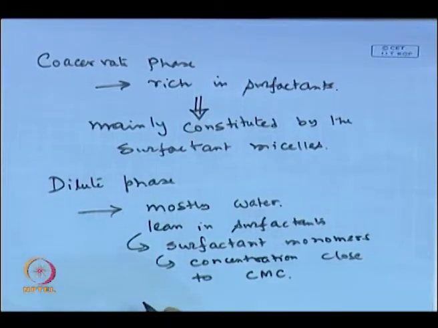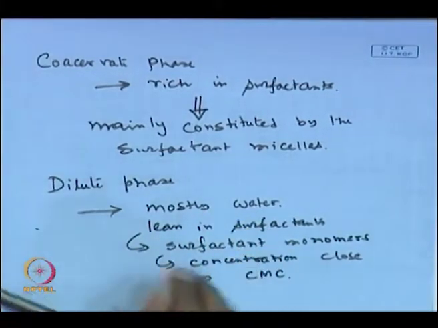Okay. So basically they will have separate surfactant monomers, and the concentration will be near the critical micellar concentration. And in the coacervate, all the surfactant micelles will be agglomerated, and they will form a separate dense phase. So, if you have a phase separator funnel, the lower phase will be the coacervate phase and the top phase will be the dilute aqueous phase.